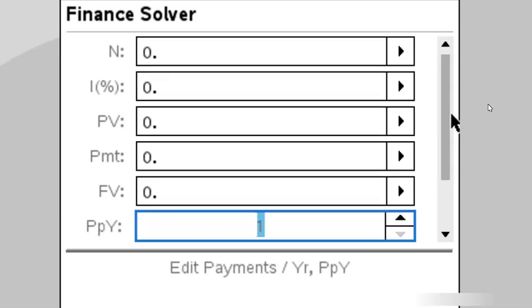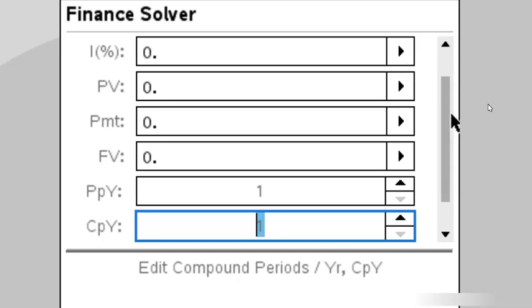The next two, PPY and CPY. In the context of further maths, they should always be the same value. And these refer to PPY, how many payments made per year, and CPY, how many compounding periods per year. If we are compounding the interest monthly, we will always also be making monthly repayments.